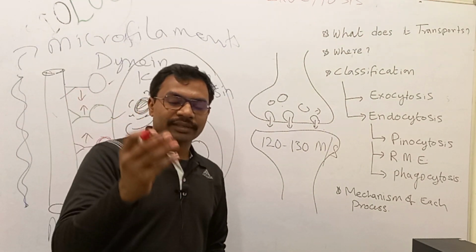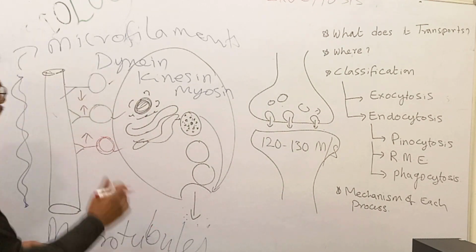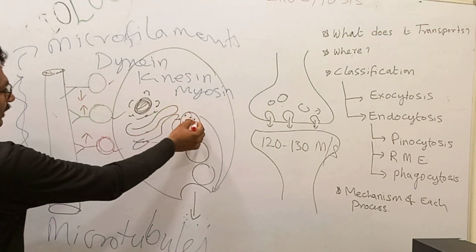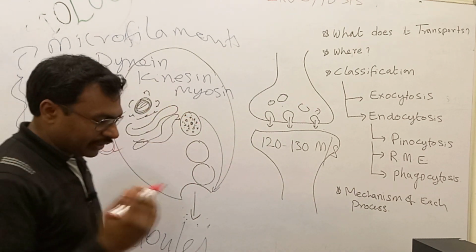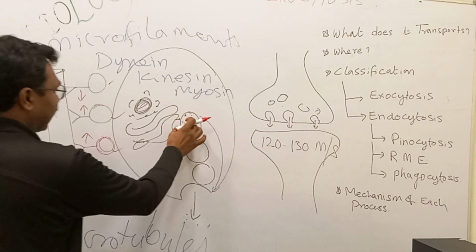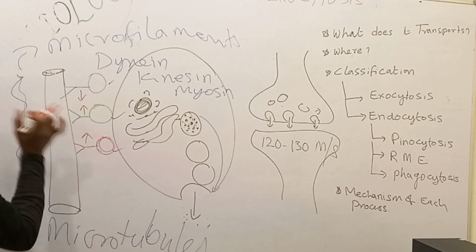It can be protein or any substance, right? So they move on towards the designated area. The pre-decided destination is fixed once before it starts the journey, and these vesicles are transported with these molecular motors, dynein, kinesin and myosin.